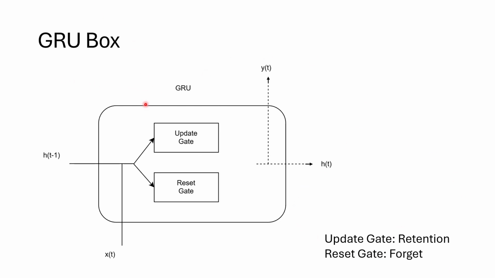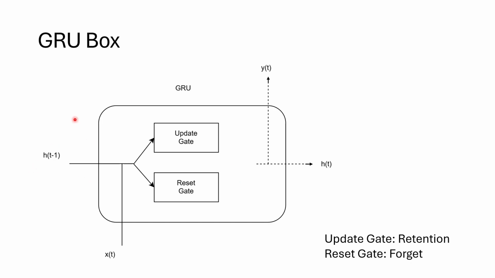This is a GRU box, a simplified version. What the update gate does is it controls how much past information to keep. The reset gate controls how much to forget. So this lets the network carry information forward when it matters and discards it when the context changes.